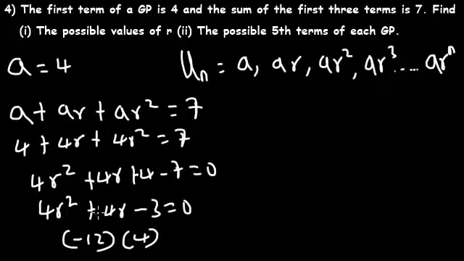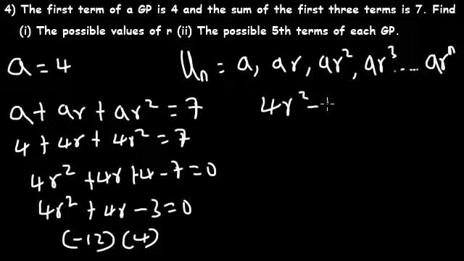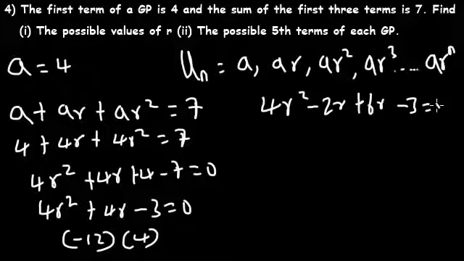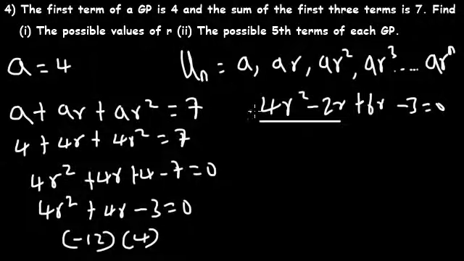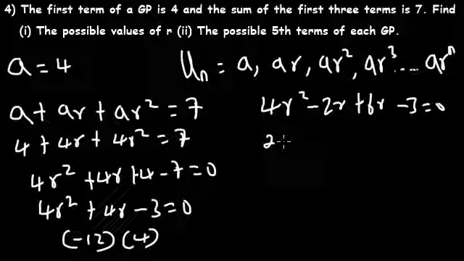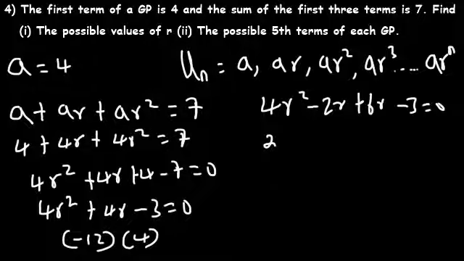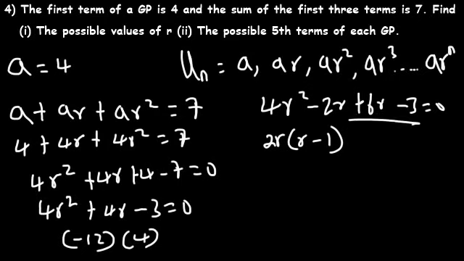So we are going to replace the middle term with 6r and 2r. So now we have 4r squared minus 2r plus 6r minus 3 equals 0. Let's factor out 2r in a bracket of 2r minus 1. Let's factor out 3 here.